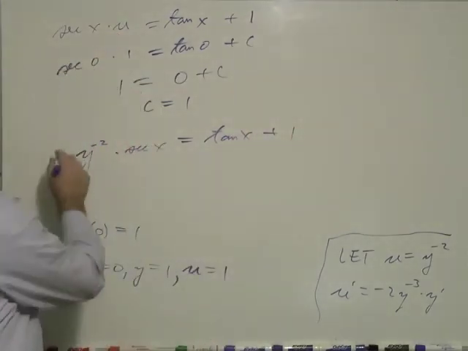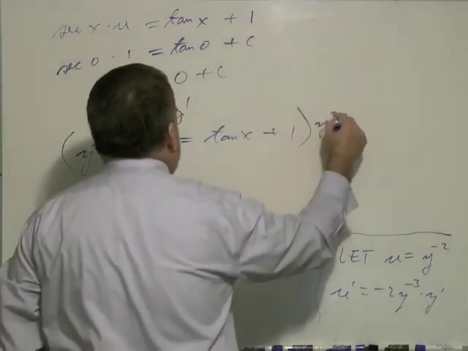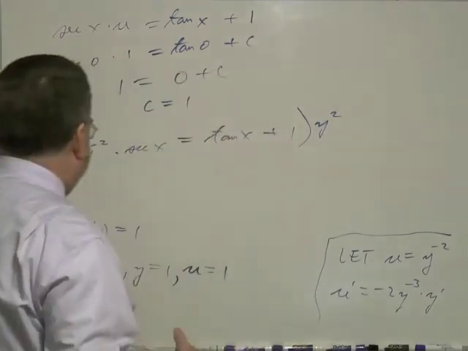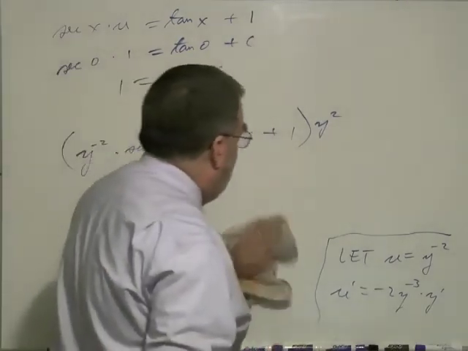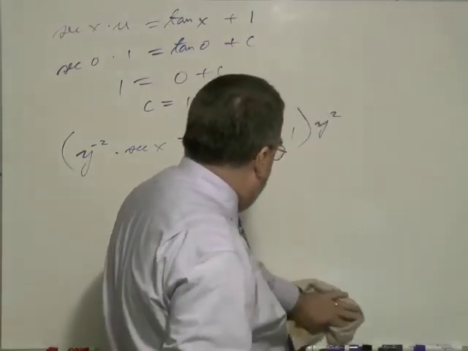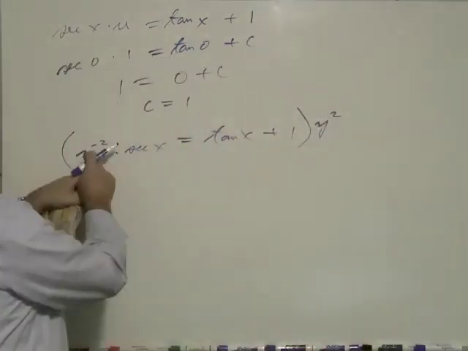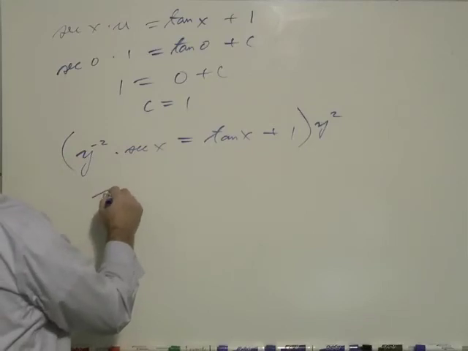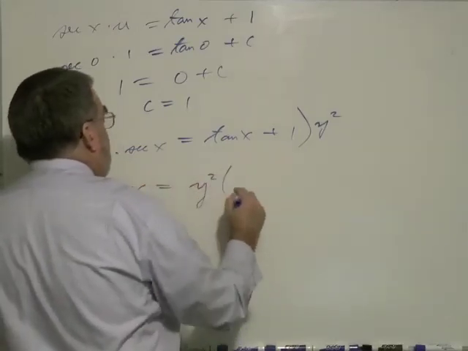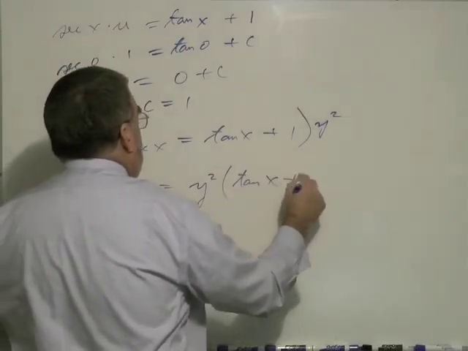And if we multiply by y squared, because y to the minus 2 is kind of on the ugly side, isn't it? So we get our positive integer powers. So that will cancel the y to the negative 2 here. So secant x equals y squared times tangent x plus 1.